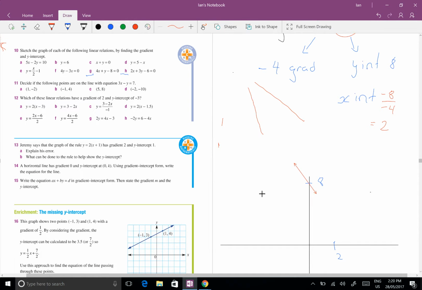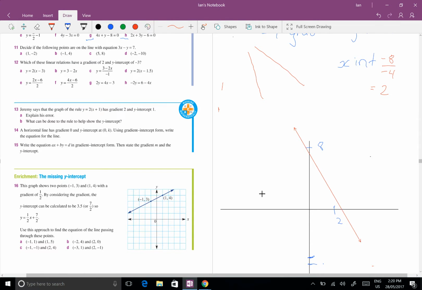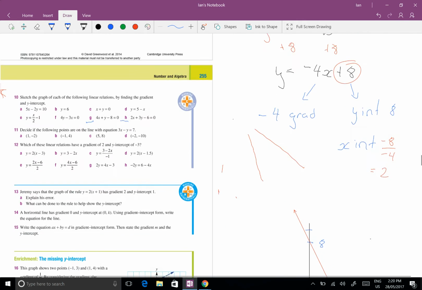And we want our line to go through there. As long as we're reasonably close to scale, we're okay. And there's that equation. So now we're getting really quick at it.